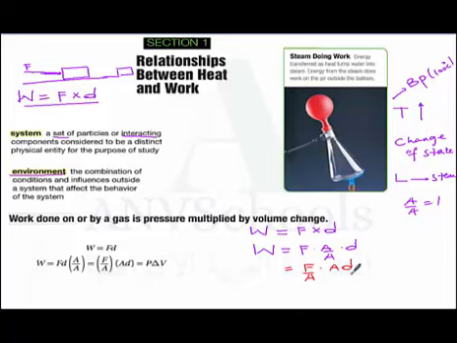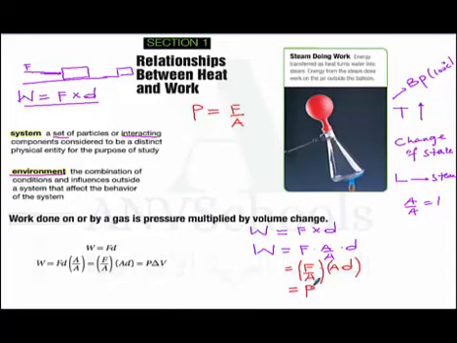Now, from the definition of pressure and volume, pressure is defined as the ratio of force over area. The amount of force exerted on a given area is called pressure. So this is P, equal to pressure.